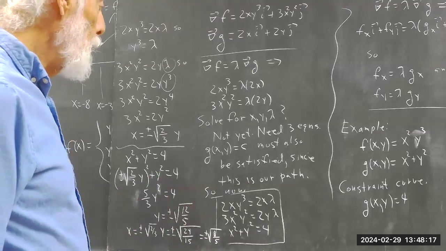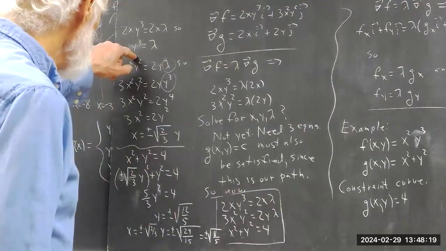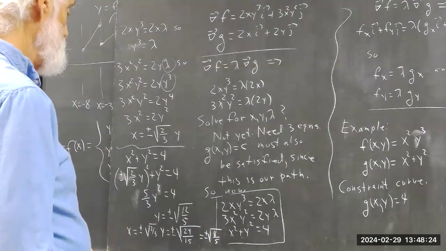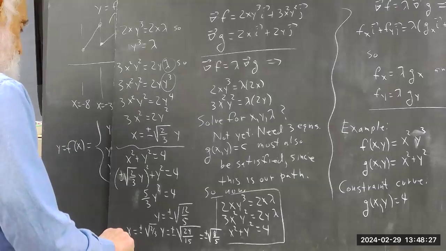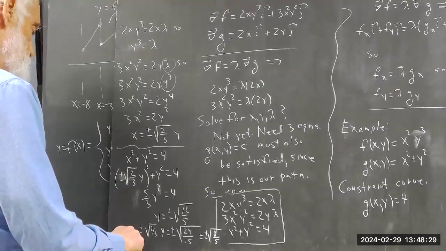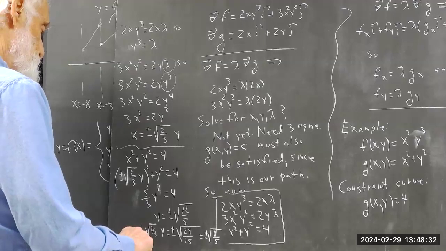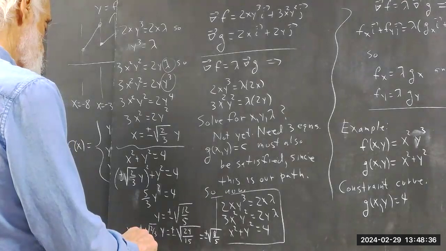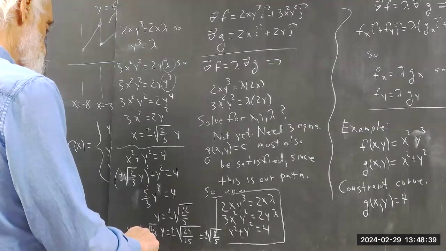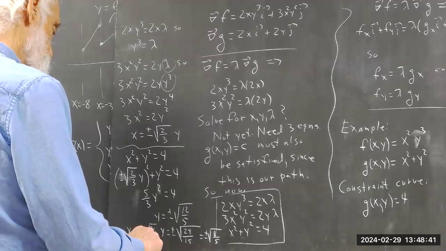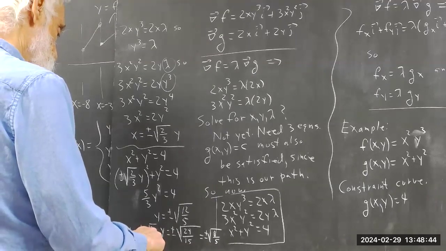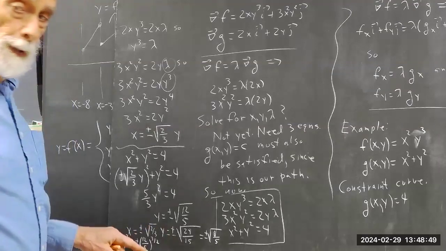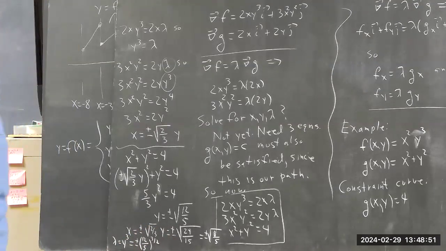So now we know x and y, and we also can find lambda because lambda is just y cubed. Which is plus or minus 12 fifths to the 3/2 power.